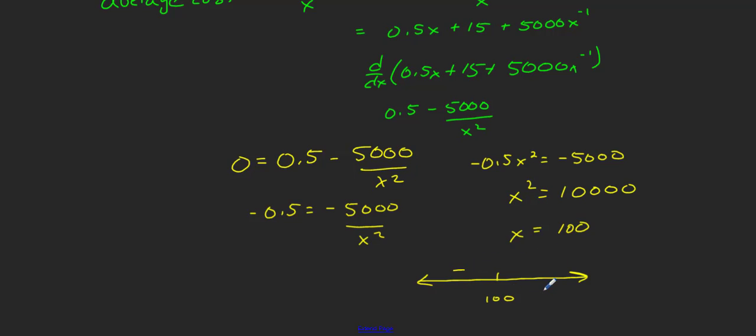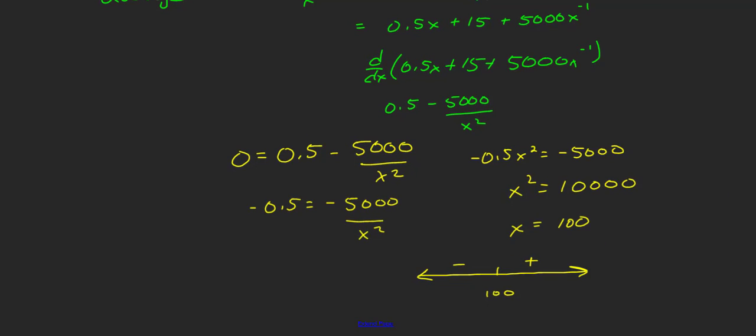For a number bigger than 100, say 200, 200 squared, that's going to be less than a half. So a half minus a number less than a half is positive. So we have decreasing, increasing. We do have our cost per unit minimized at 100.